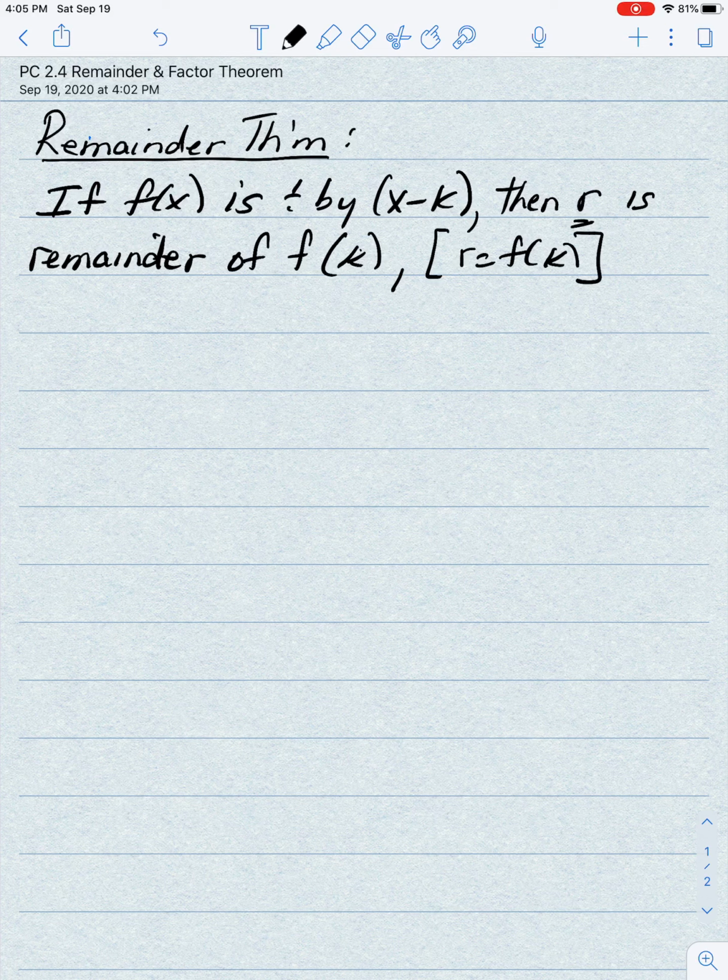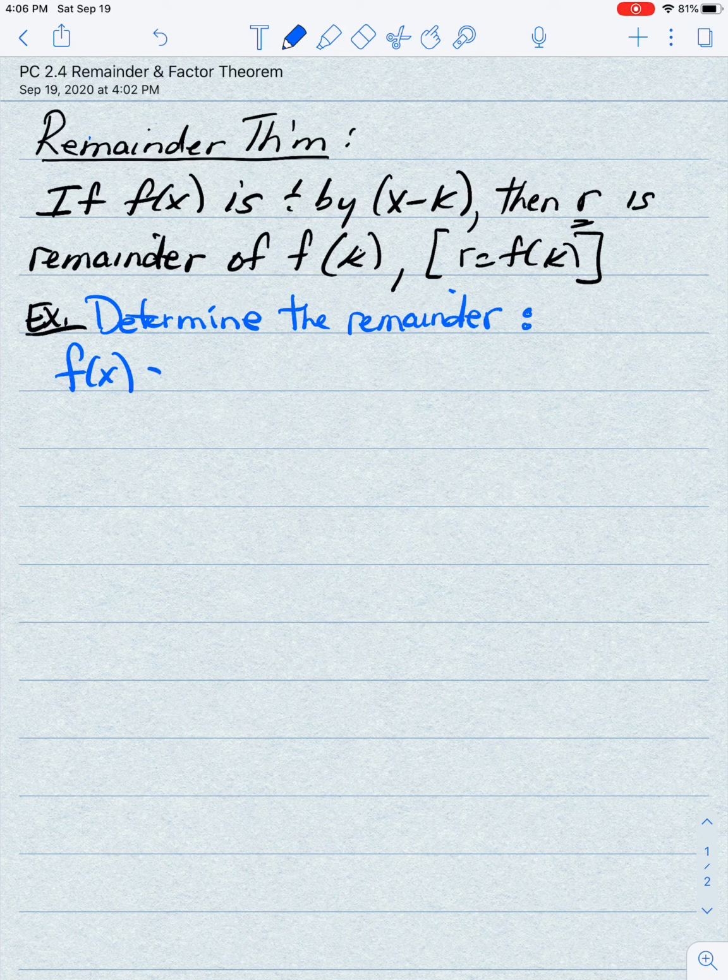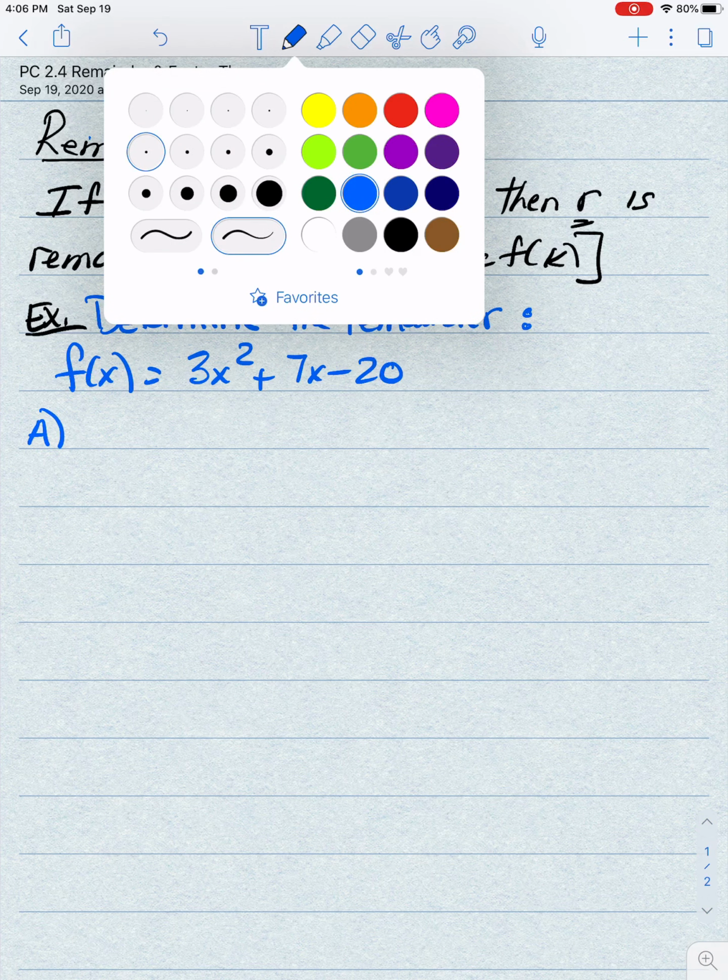Okay, so let's try this out. Let's have a little example here. Determine the remainder if we have a little function here, f of x equals 3x squared plus 7x minus 20.